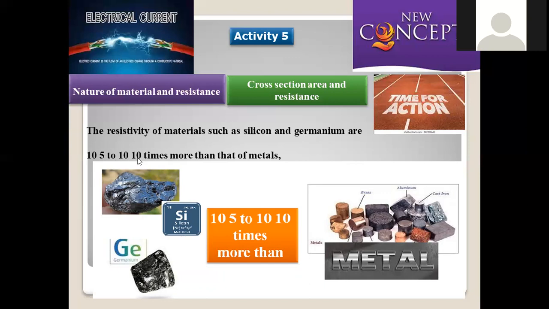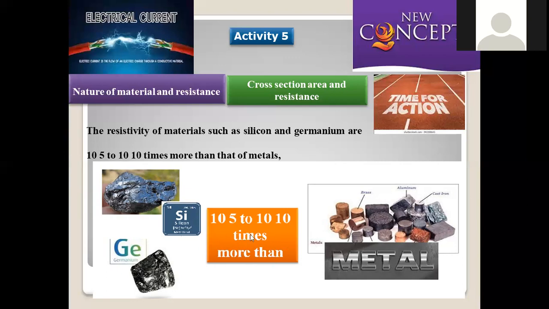It is a region where resistivity lies in between conducting materials and insulating materials. So silicon and germanium are regarded as metalloid substances whose resistivity will be 10 to the power 5 to 10 to the power 10 times more compared to metals.